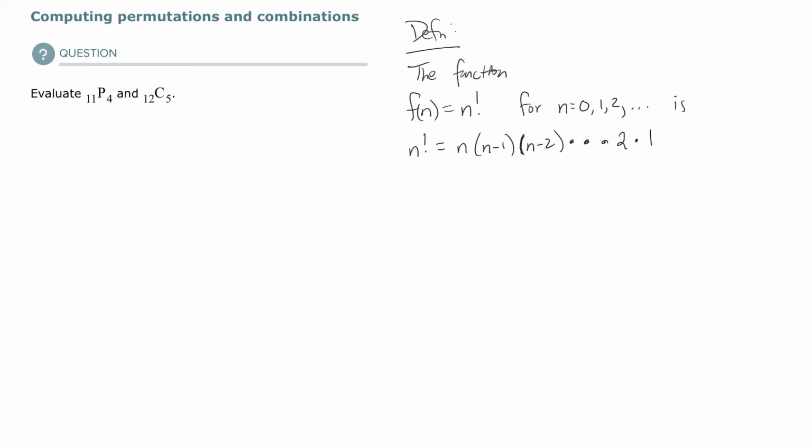So you're counting things down, starting with the whole number. And there's one other thing. 0 factorial is defined to be 1. So that is the definition of a factorial.